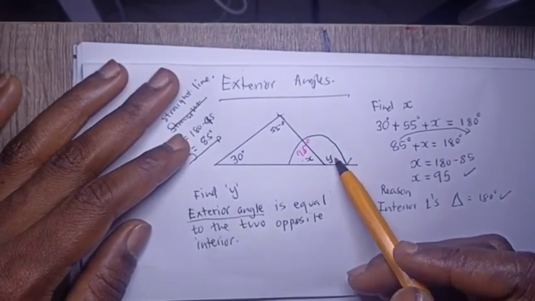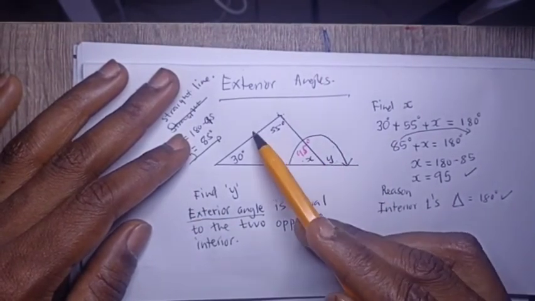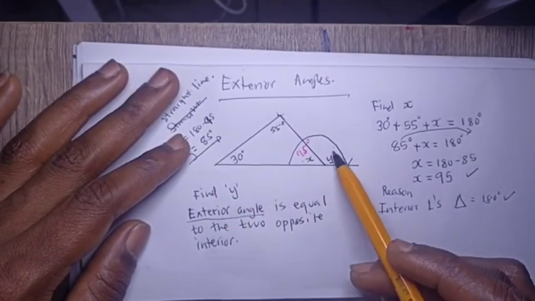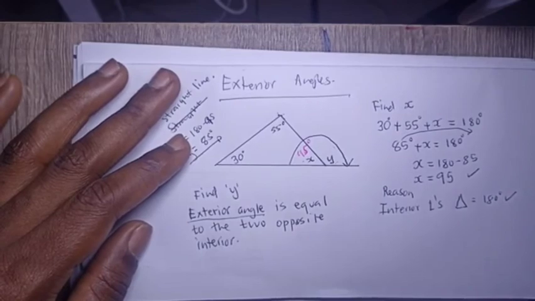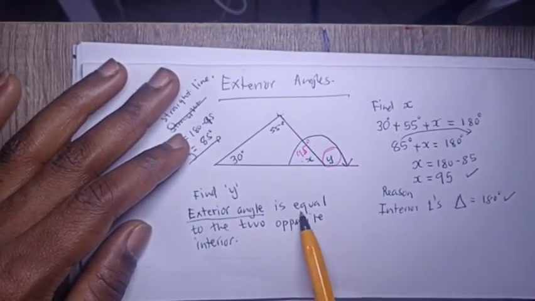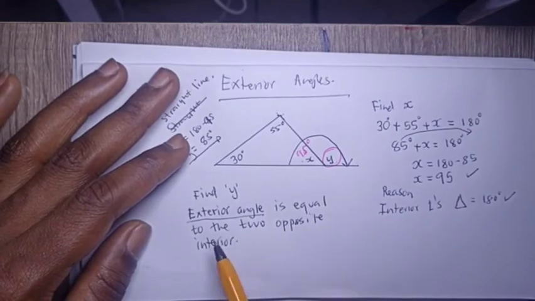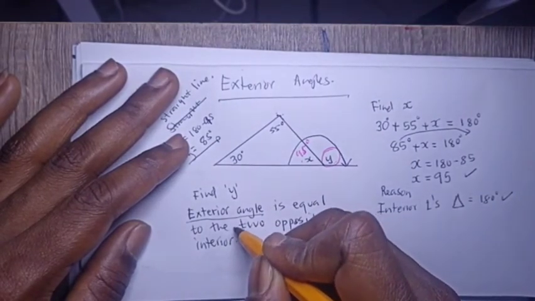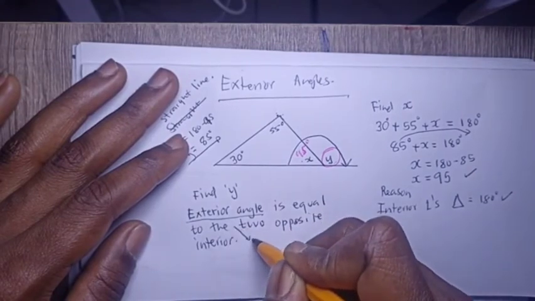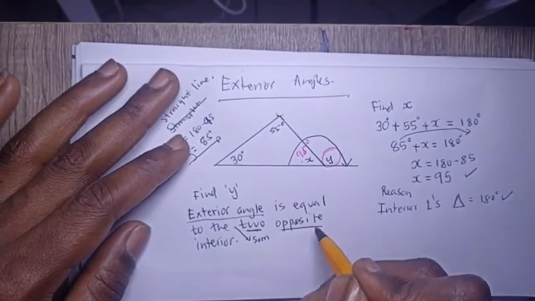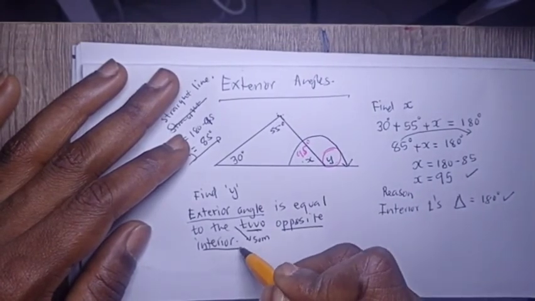Do you all agree that the value of Y, this angle, is outside the triangle? Can you see it's not inside? It's outside. So the angle outside will be equal to the sum. I forgot to put the word sum there. Please put it. The sum of two opposite interior angles.